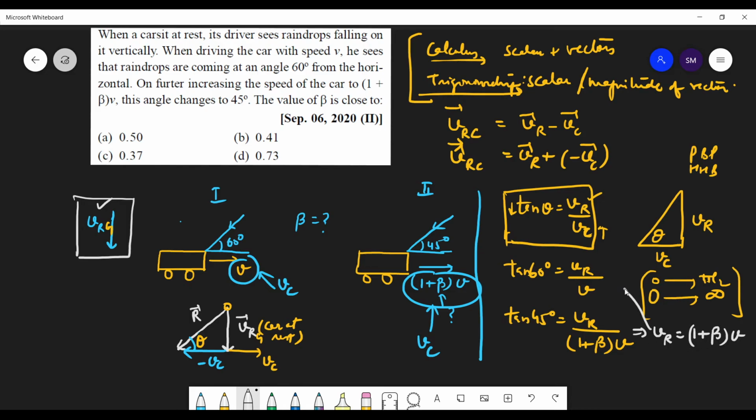Tan 60 degrees, we know, is root 3, so vr is root 3 v. This is equation 1, and this is equation 2.